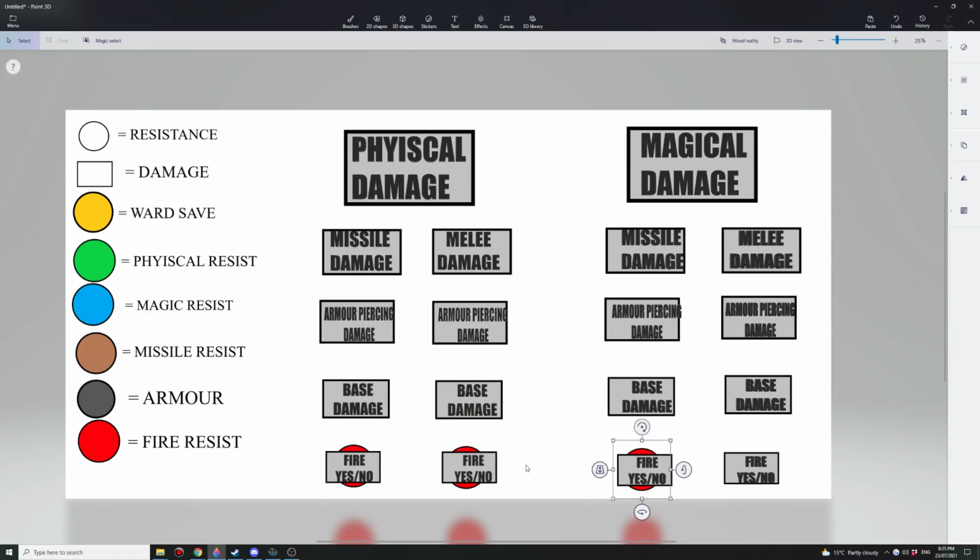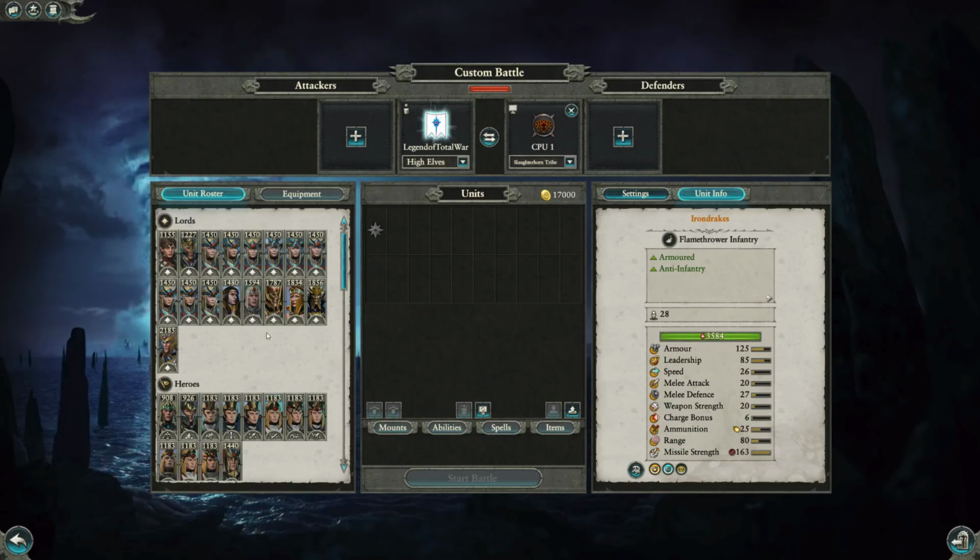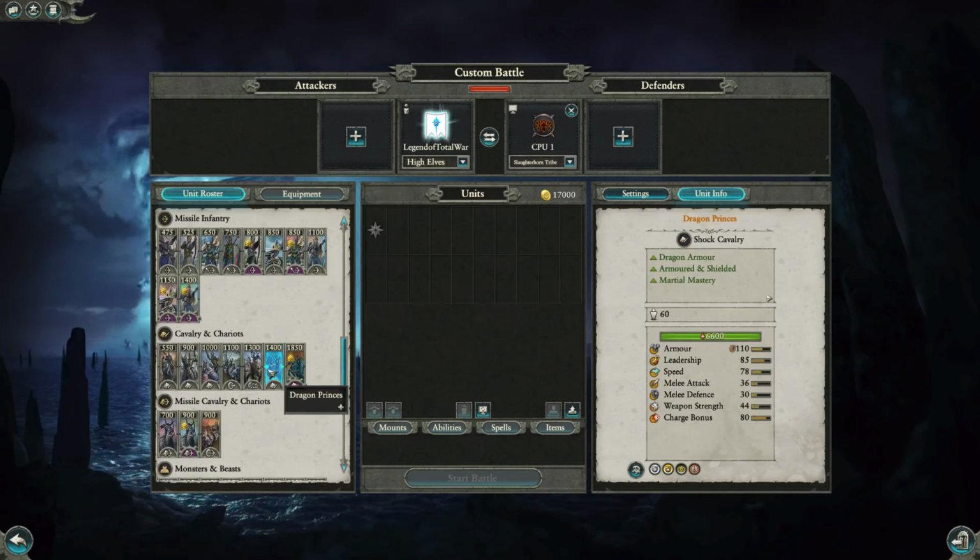If these situations are met, fire resistance comes into effect. So in the 4 different scenarios that I showed here, if you have, let's say, 50% fire resistance, regardless of what these other effects are, the fire resistance will block 50% of the damage. There's a good example over here with Dragon Princes.